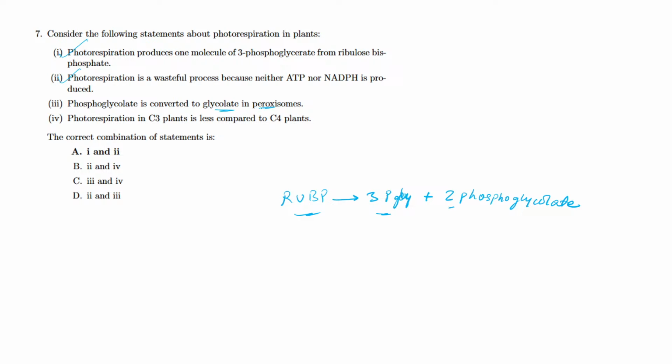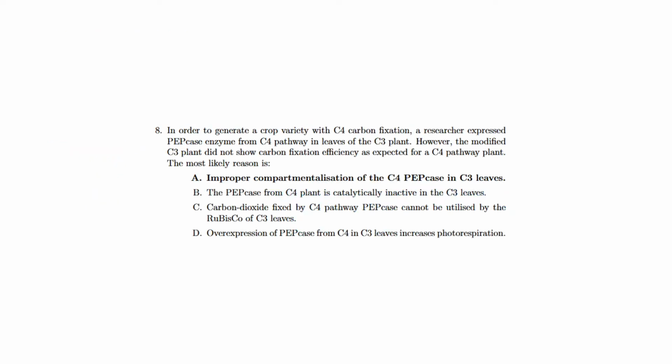The phosphoglycolate is initially converted to glycolate in chloroplast, but not in peroxisome. So this option is wrong. The fourth option says that photorespiration in C3 plants is less compared to C4 plants. This is wrong. So option A is correct because options 1 and 2 are correct. Moving on to the next question.